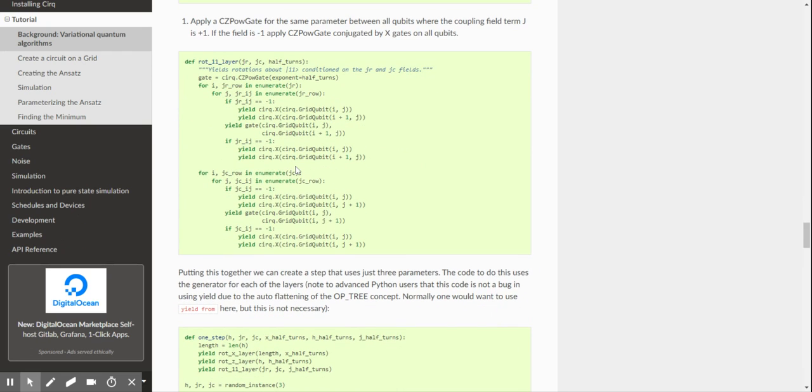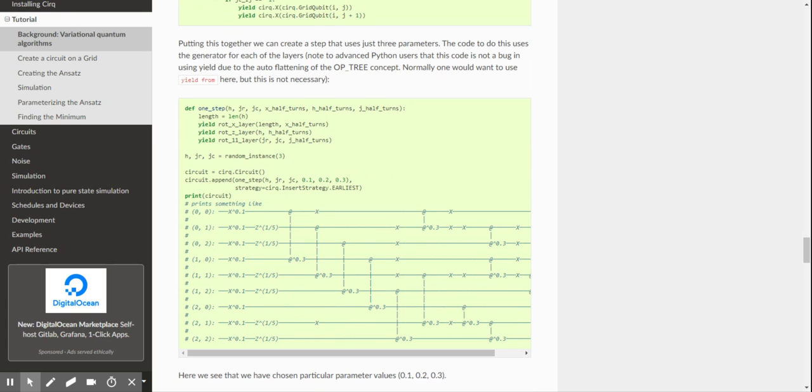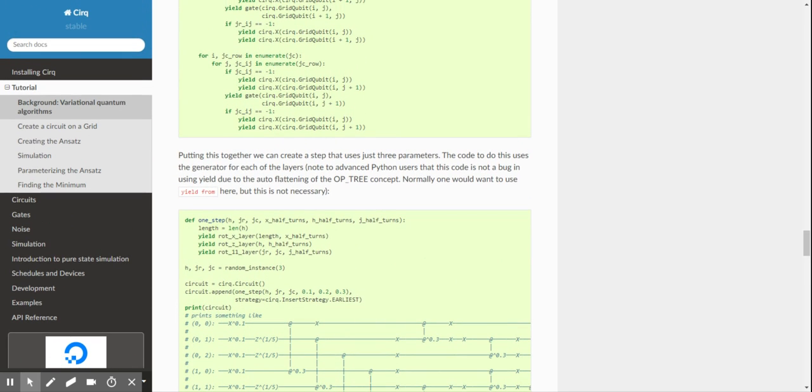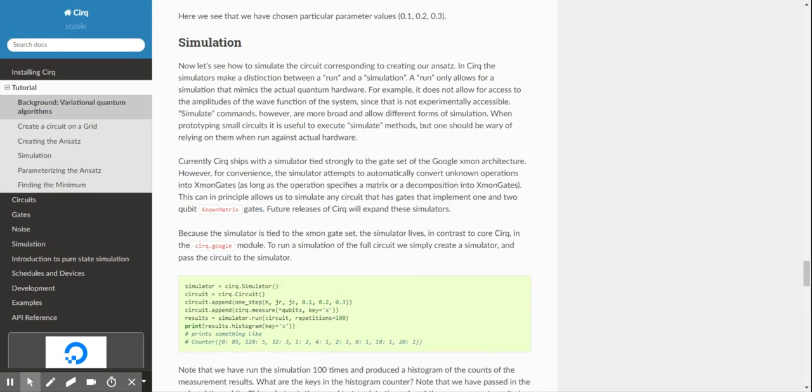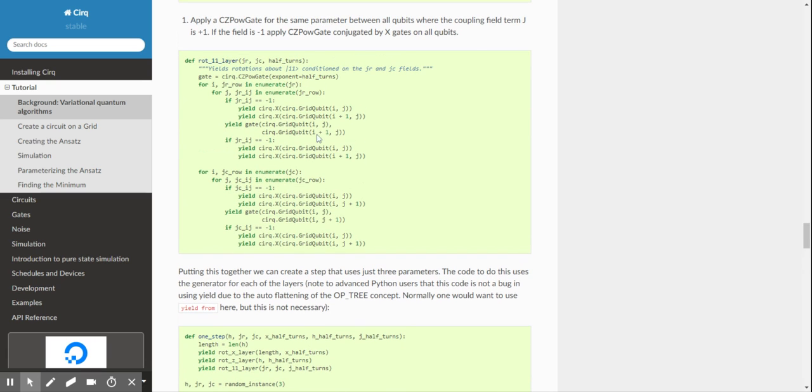Good. So back to the actual problem. Where was I? Exactly. So what this is saying is that where there's a positive interaction between two sites, you have a control Z, and where there's a negative interaction, you have an X gate on both qubits, then the control Z, and then another X gate.